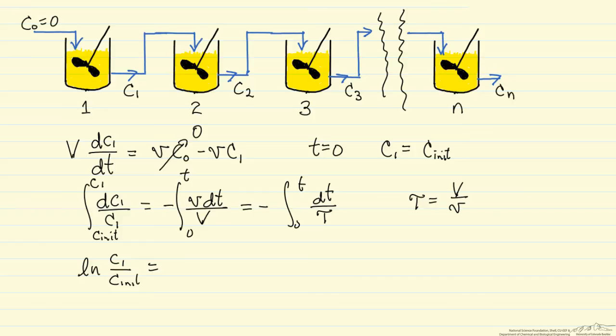Tau is the same for each reactor, the residence time in the reactor. Now I do the integration on the right side. It's t over tau, which means the concentration leaving the reactor is the initial concentration times this exponential decay. We inject tracer in the first reactor, then the concentration exponentially decays as a function of time.